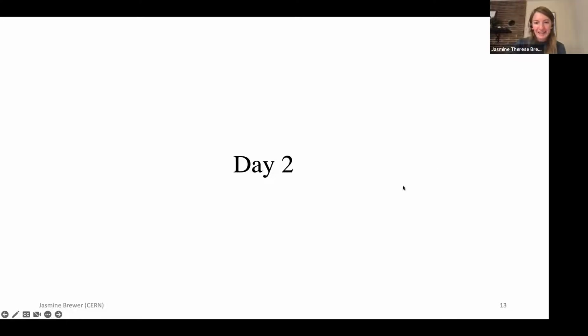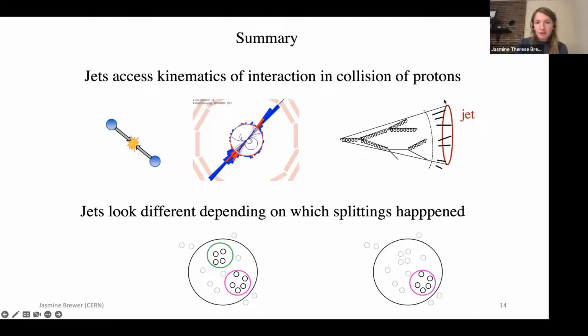So, last time, to give a little bit of summary, the main point that I wanted to make is that these objects called jets really give us access to the kinematics of interactions in collisions of protons. So they're a pretty powerful way to study how these types of interactions happen in proton-proton collisions.